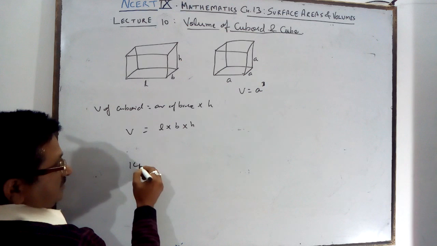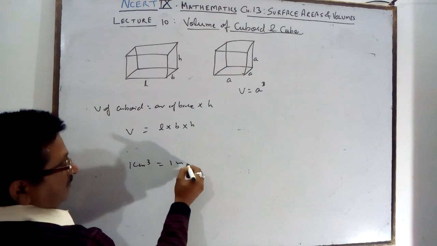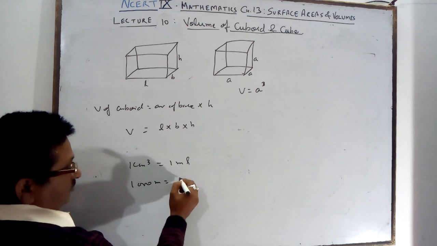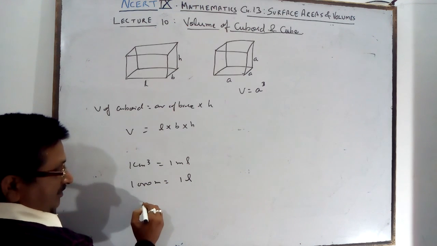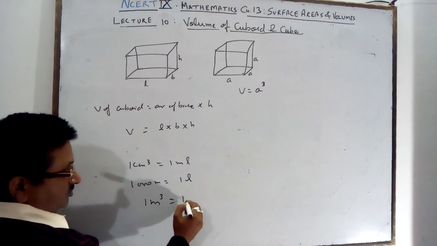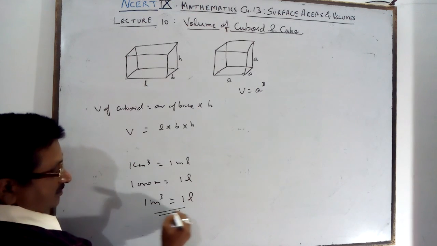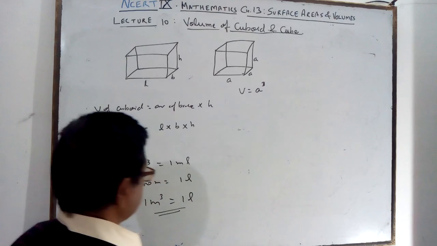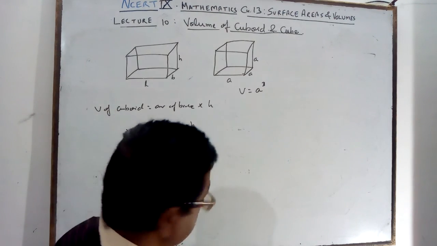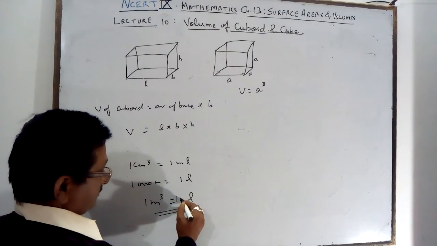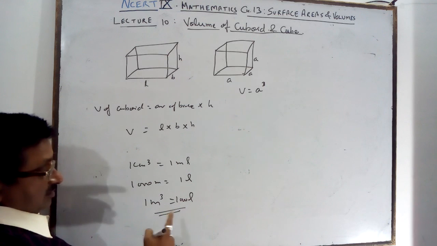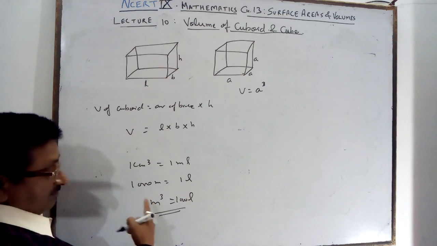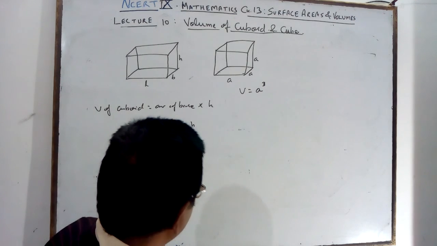And we know that 1 centimeter cube is 1 ml. So 1000 ml gives you 1 liter. 1 meter cube is equal to 1000 liter, that you know, because 1000 liter makes 1 kiloliter.